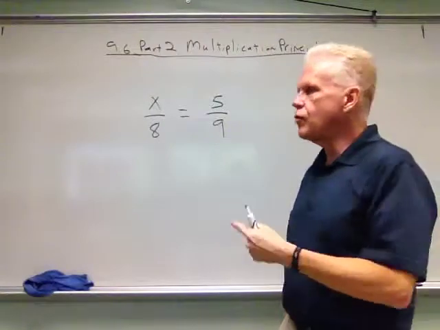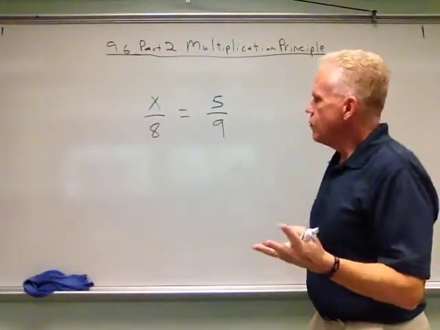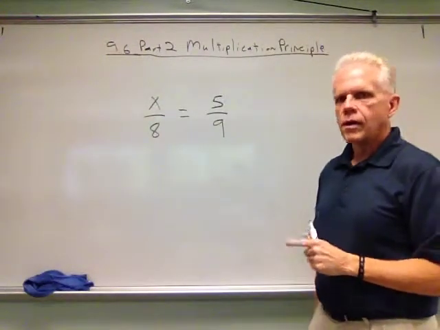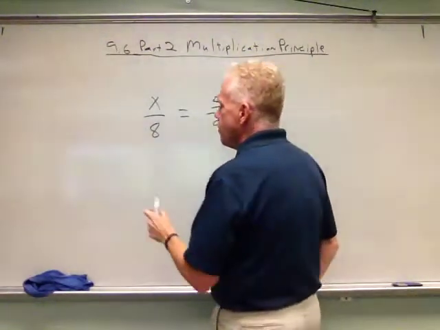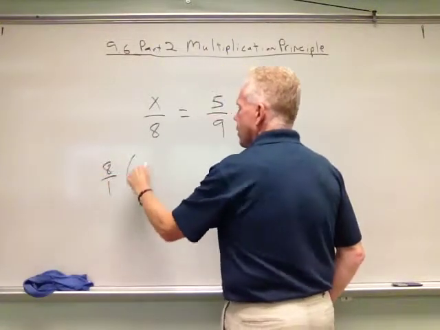You've got many ways you could deal with this, but remembering that what we want to do is get the x by itself, one thing we can do and keep this balanced is multiply both sides of this equation by 8 over 1.